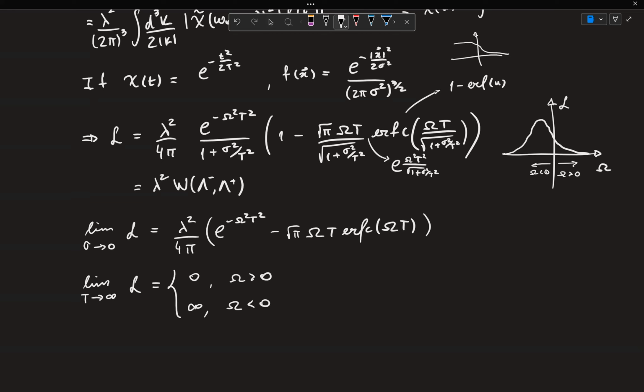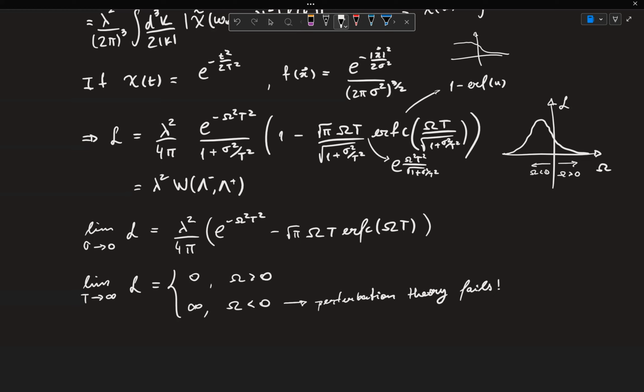And you can see that this diverges because basically this erfc goes to 1, in the limit of t going to infinity, and this goes to infinity, and there's a minus sign, so this diverges. And basically this means that perturbation theory fails.